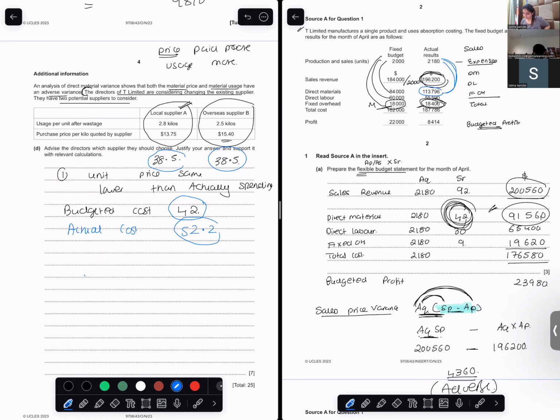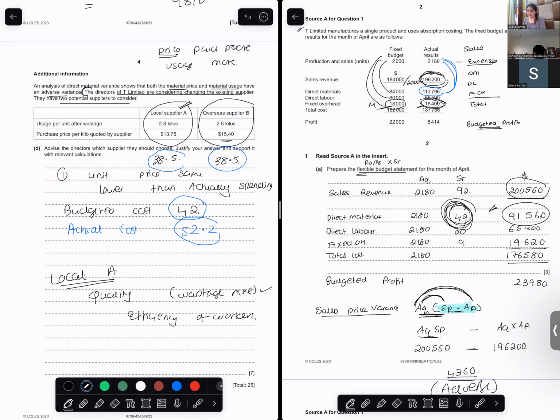For material A, we can say that the quality is not good because they're using more material and it's being wasted. Quality is not good because wastage is more. This may lead to lower sales for the business. This may affect the efficiency of workers.